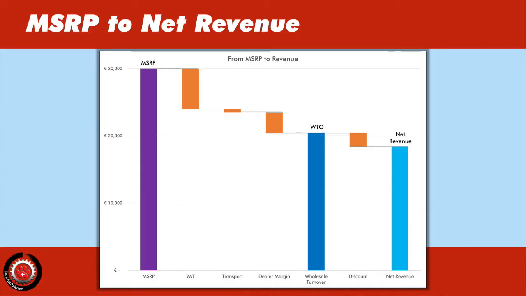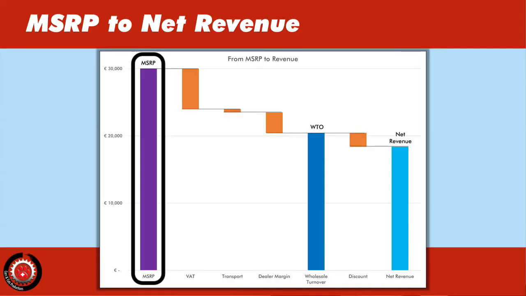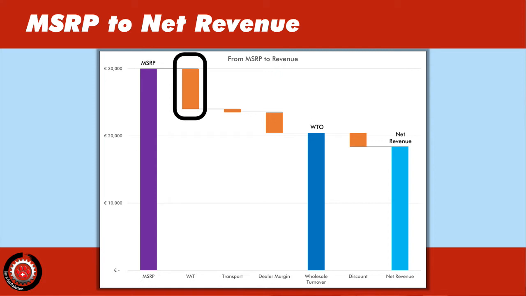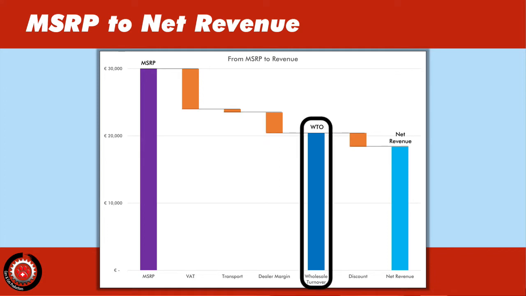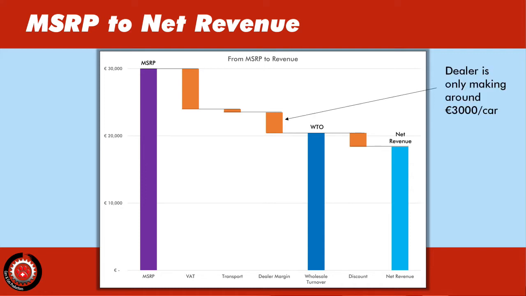If it's $30,000 MSRP, then we can take away the 20% VAT, we can take away a small distribution charge, we can take away the percentage fee that the dealer or the retailer is making, and what you've got left is the wholesale turnover. That's the first revenue. And in this case, you can see that the dealer on a $30,000 car is probably only making about $3,000.